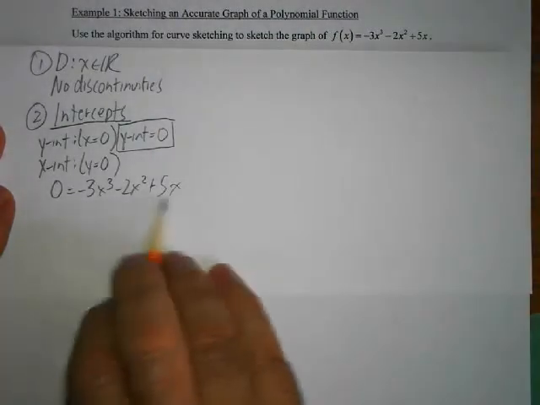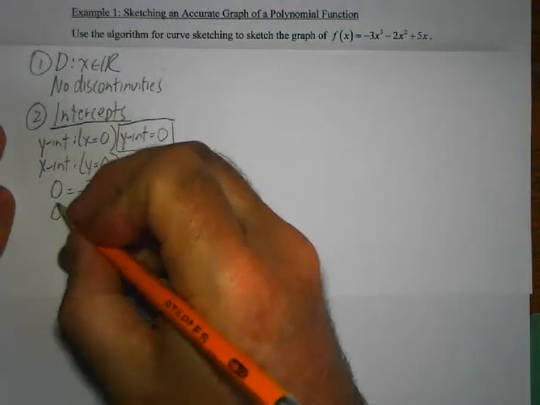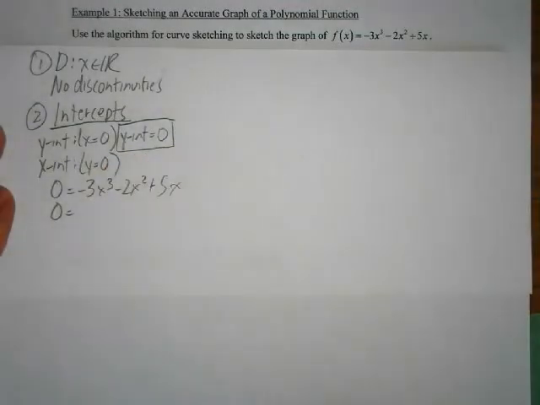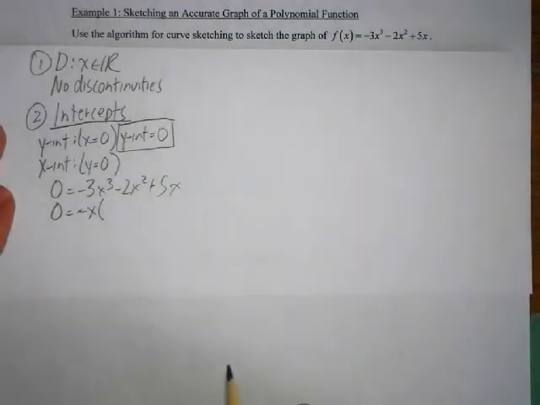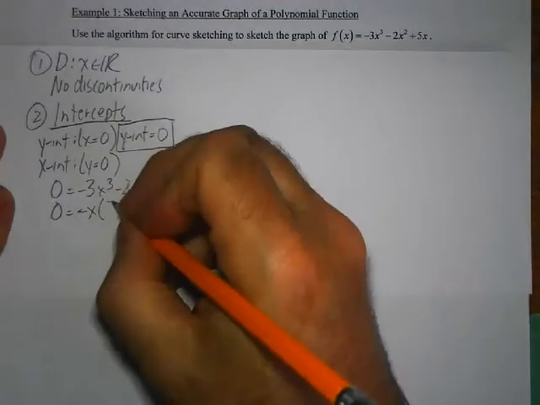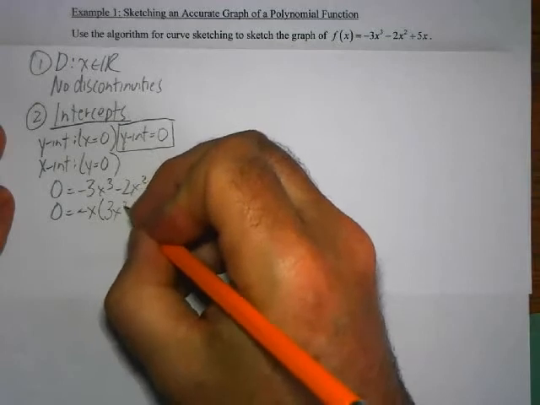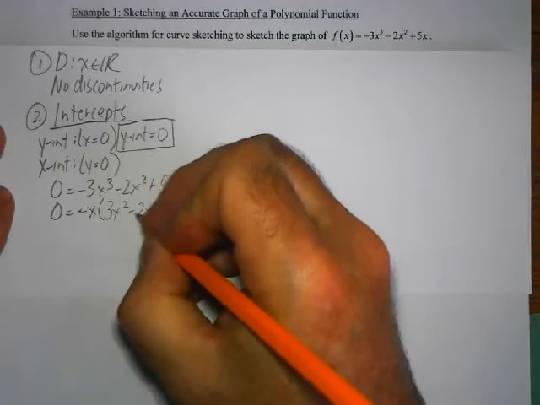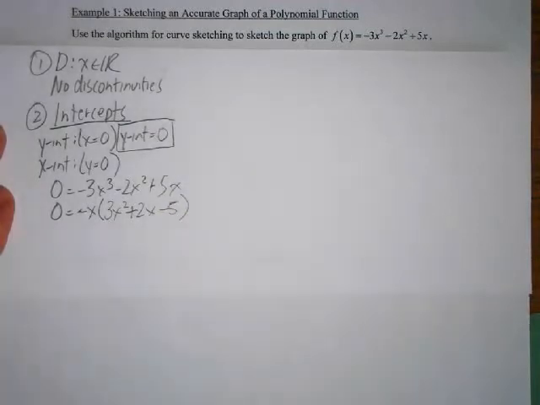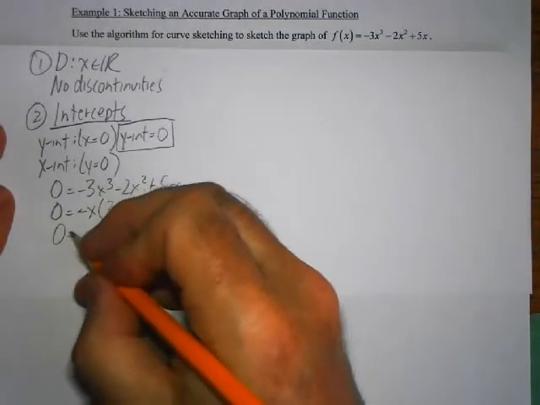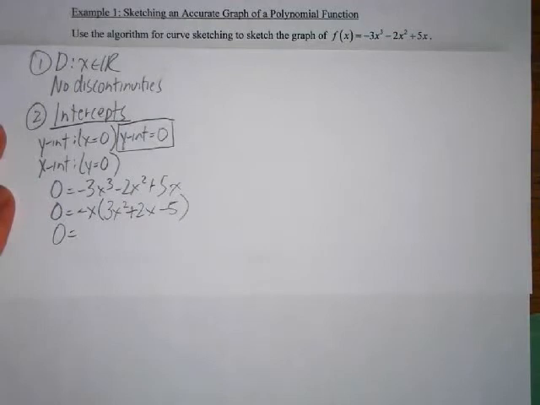So if I notice here, I can factor out an x, because every term has an x, and in fact, I'm going to factor out a negative x, so that the rest is basically a positive a value here, 3x squared plus 2x minus 5. Okay, and I'm going to leave out some steps here.